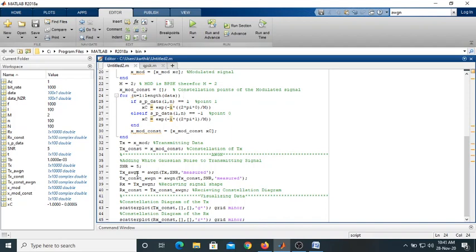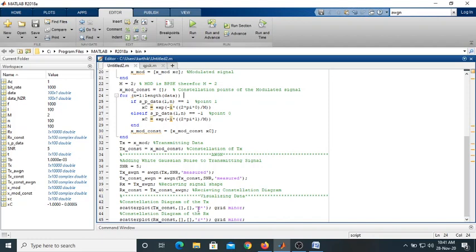So the transmitted AWGN equal to awgn(transmitted, SNR), and this function adds an SNR of 5 dB to the transmitted signal Tx. Tx equal to x mod. Now, this is the received signal. What is received? Actually, the transmitted signal plus this AWGN noise.